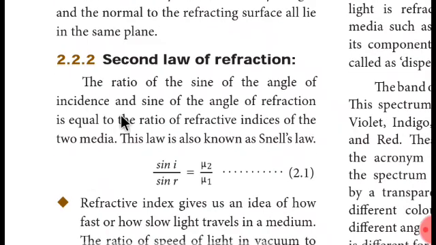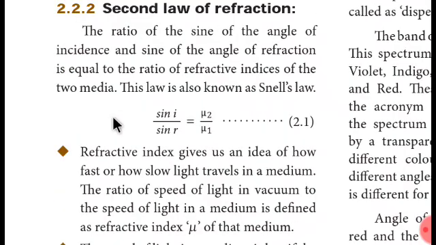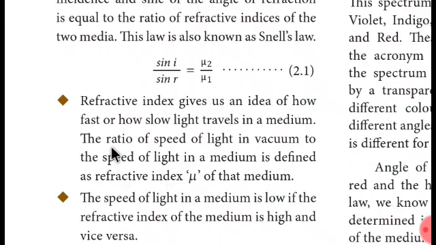And then the second law of refraction needs some extra knowledge, and they are going to give it in this part. We will be doing this part first, and then we are going to do this thing. This formula is very important, and you will be using it till 12th standard.